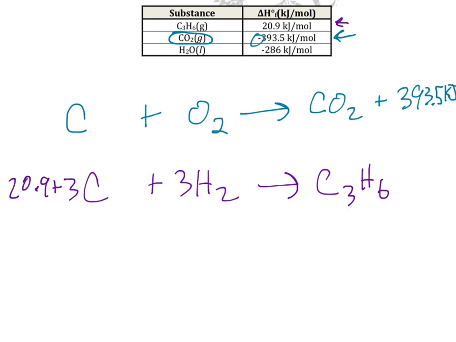And the reason why we know that it absorbs that much energy is because this is a positive heat of formation, a positive delta H. So you can see that when elements come together to make a particular compound, it will either give off a certain amount of energy or absorb a certain amount of energy, and that's what these heats of formation tell us.